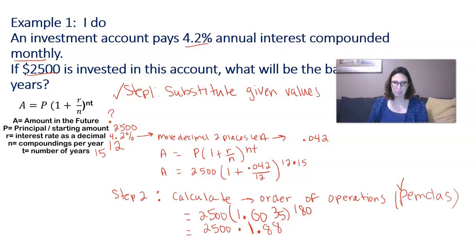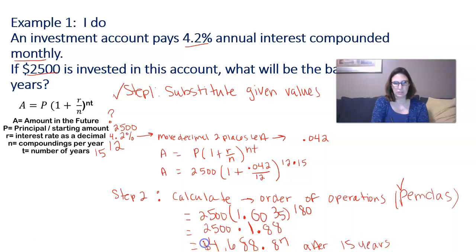And once you multiply it lastly, that should give you an amount of about $4,688, and you can round to 87 cents. And this is after 15 years.